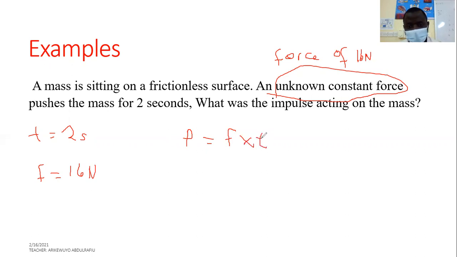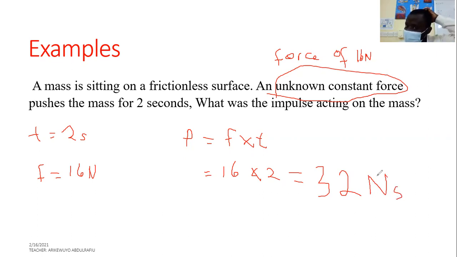The force in this question is 16. Then the time is 2. So 16 multiplied by 2 is what? 16 multiplied by 2 is 32. Now, what is the unit of impulse? It is Newton second.